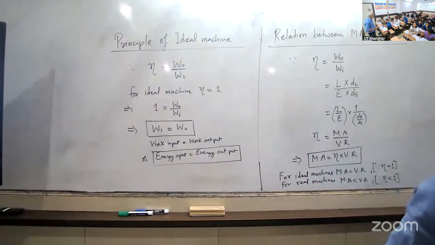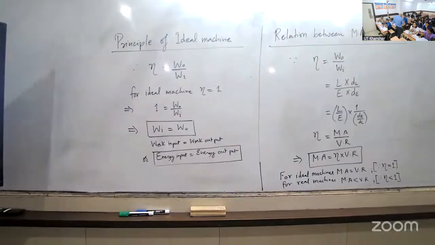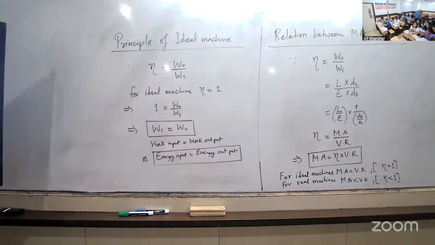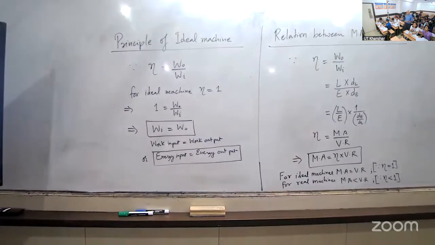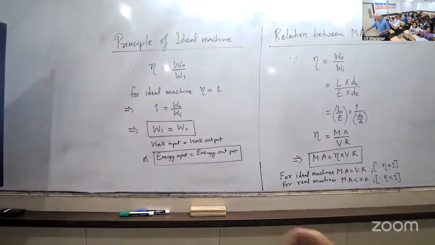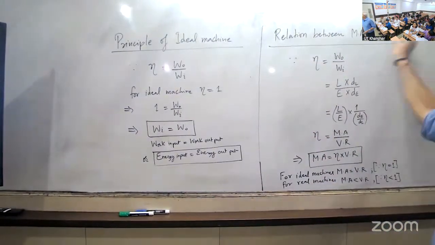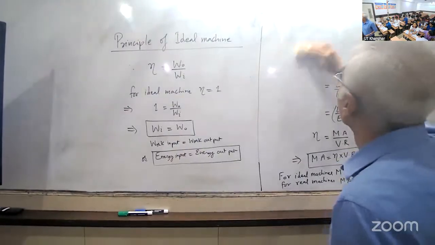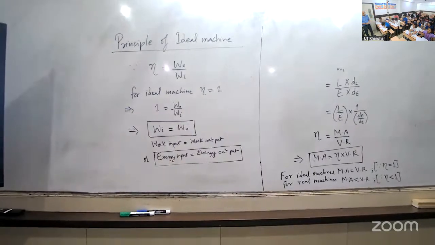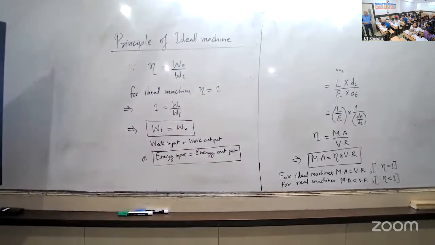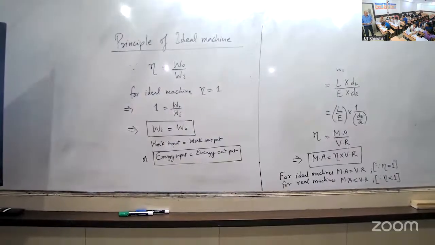Okay. So having defined all the terms associated with machines, now let us read about actual machines. So the first machine that we learn is lever. So actually, this is nothing new.